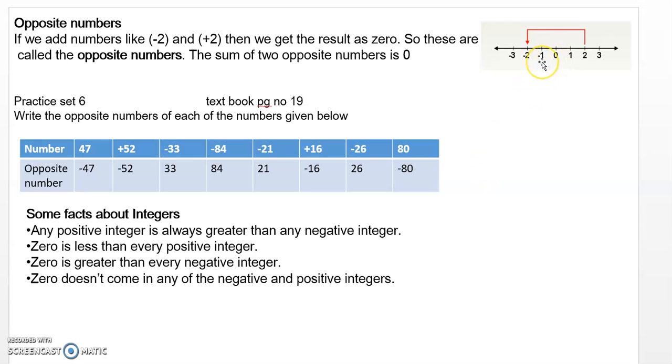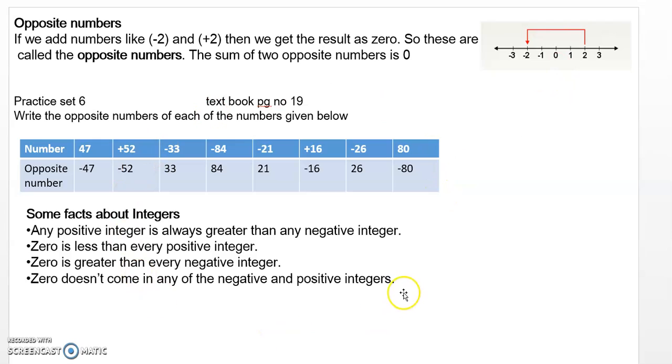If you compare 0 and minus 1, which is greater? 0 will be greater, not minus 1. Between 0 and a negative integer, 0 is greater. Next, 0 doesn't come in either the negative or the positive integers. 0 doesn't have any sign, so you can't include 0 in the positive or the negative integers.